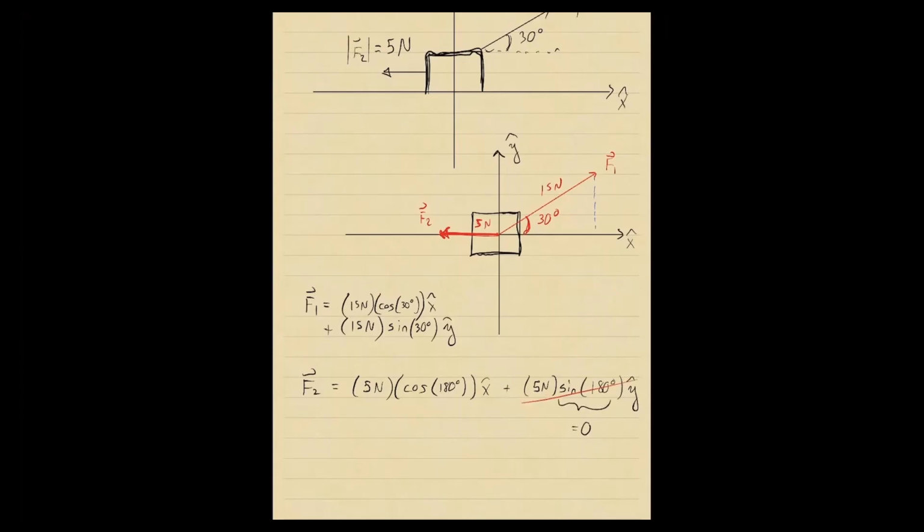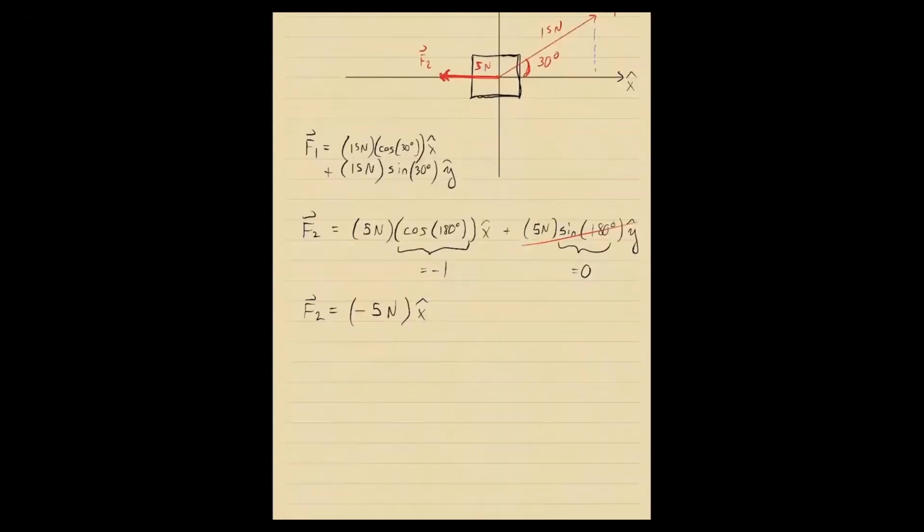And furthermore, we know that cosine of 180 degrees is equal to -1. So our vector F2 is equal to -5 newtons in the x direction. So in our case, the y component of F2 is 0.